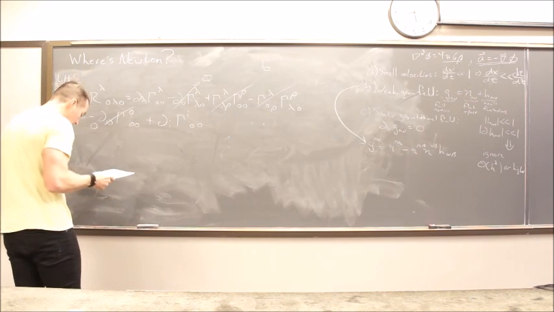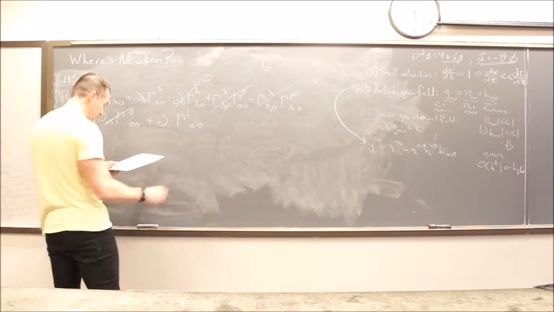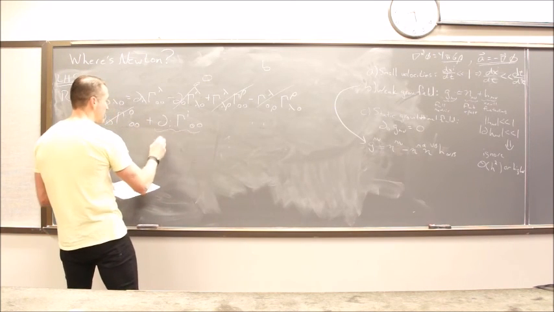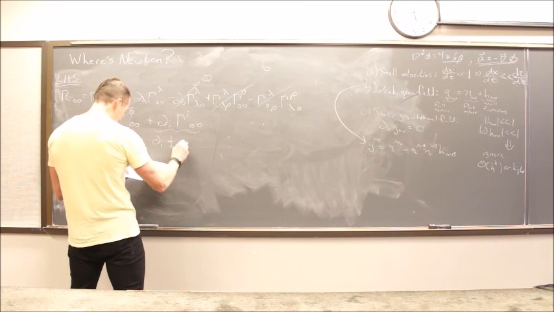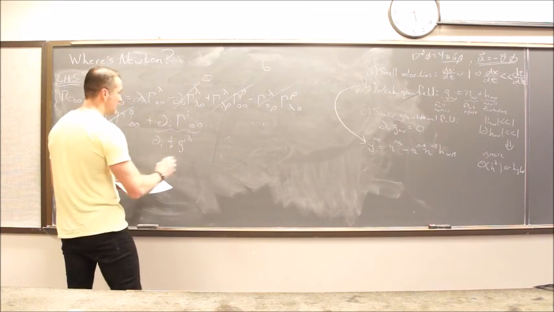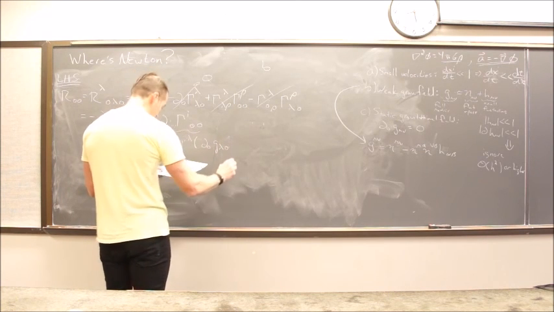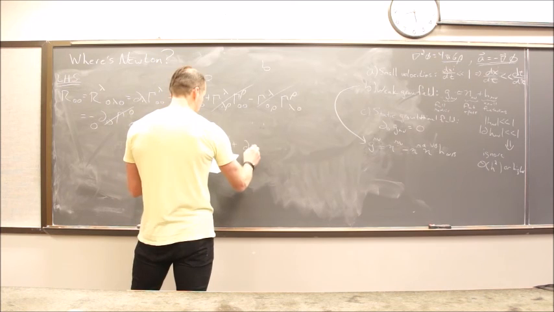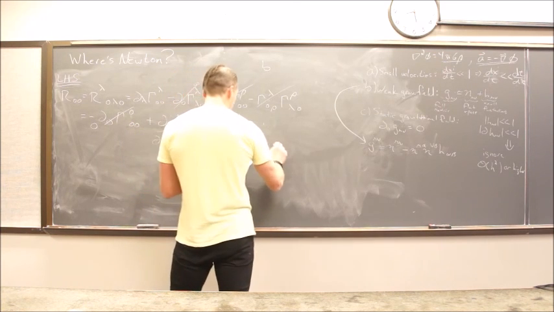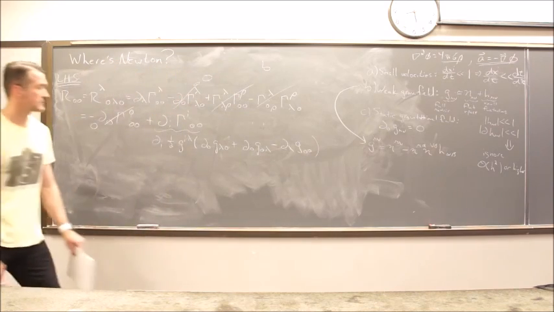And then this guy, we can write using the definition of the Christoffel connection. So this term is going to become partial i times 1/2 g i lambda, partial 0 g lambda 0, plus partial 0 g 0 lambda, minus partial lambda g 0, 0.